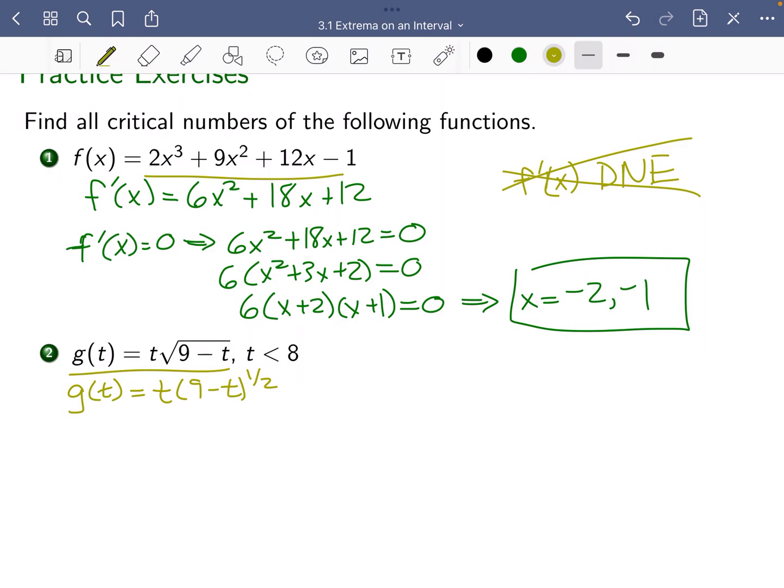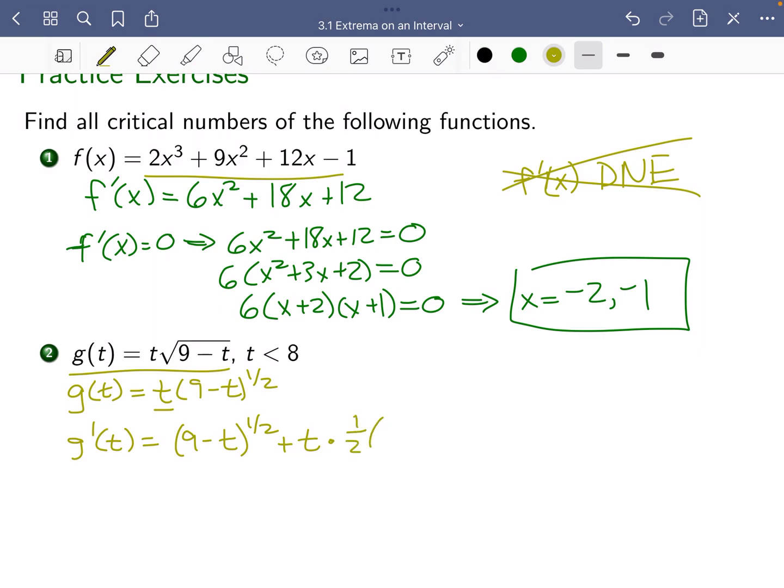Let's take our derivative. We're going to have to use a product rule. So we have the derivative of the first, the derivative of t, which is just 1, times the second, plus the first times the derivative of the second.